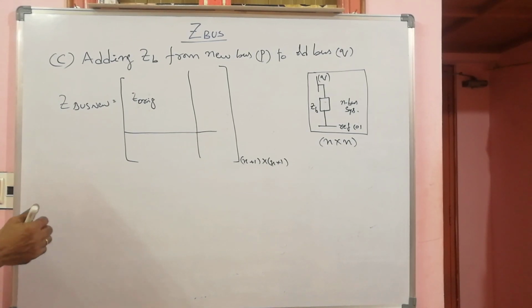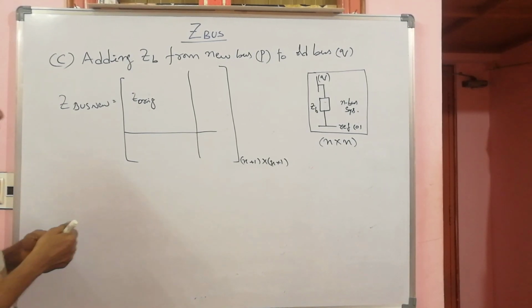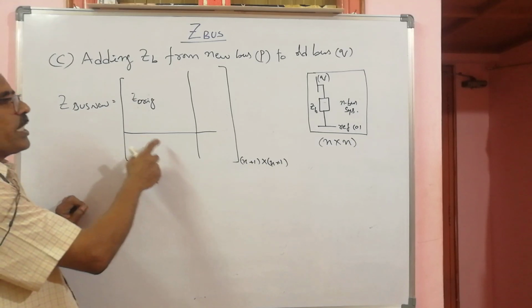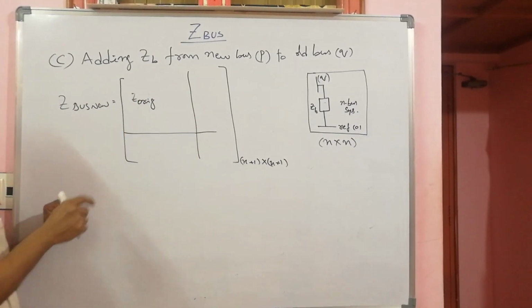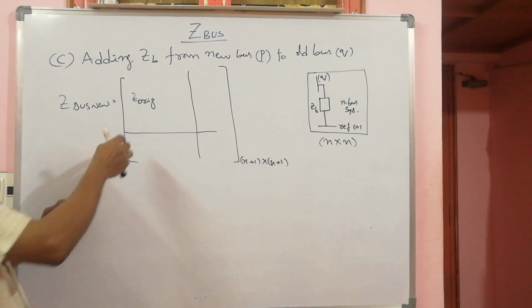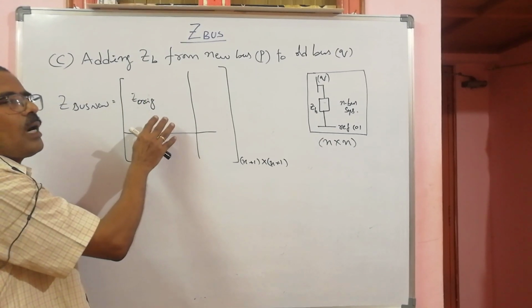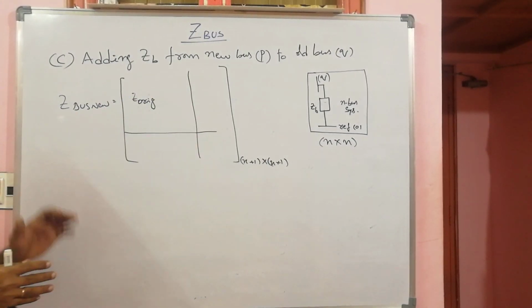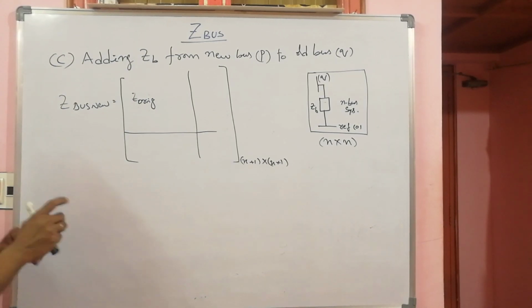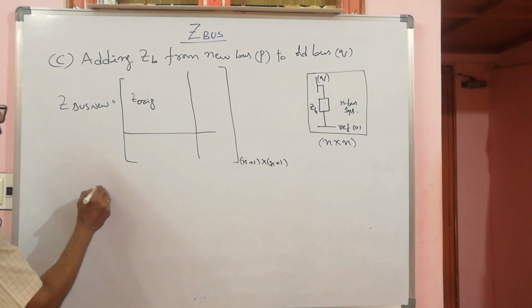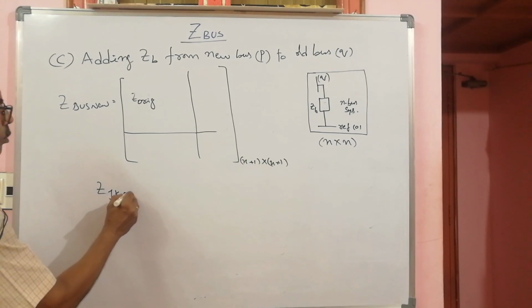That is called bus elimination method, and that bus elimination method requires changing of all elements of the existing system. That means if it is a 4 by 4 system, that means 16 elements you will be getting. All 16 elements need modification in this case. Okay, the formula I will be giving, you please copy that. ZJK new.